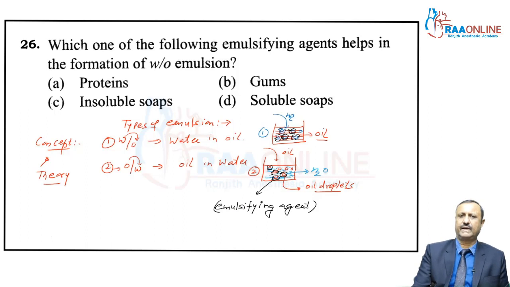As emulsifying agents, my dear students, insoluble soaps are used. This emulsifying agent is a substance, and those substances are insoluble soaps, such as calcium stearate or magnesium stearate.